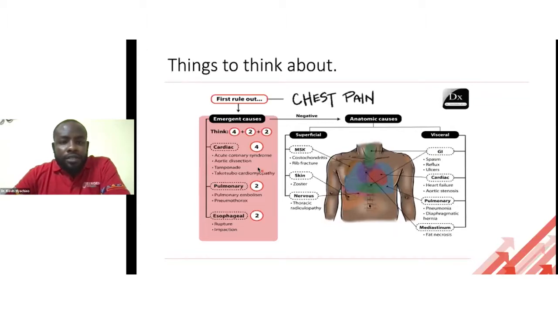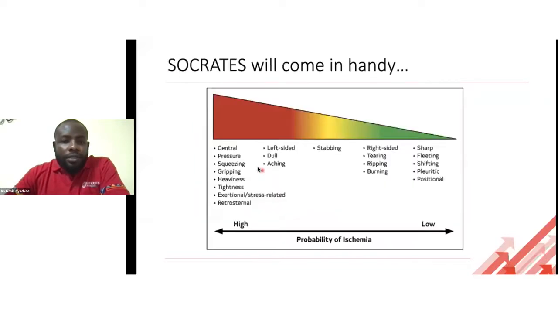Are you seeing somebody who has multiple comorbidities, diabetes, hypertension, dyslipidemias, or somebody who has a significant history of smoking, or a significant past or family history of coronary artery disease or premature cardiac death? All of this comes into the picture when we're evaluating a patient who's presenting with chest pain.